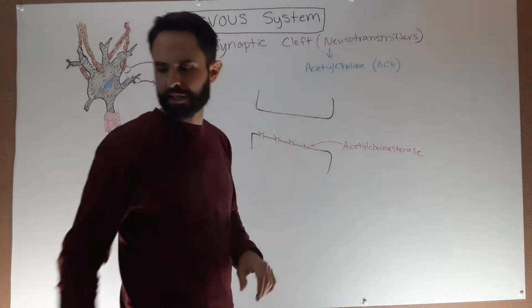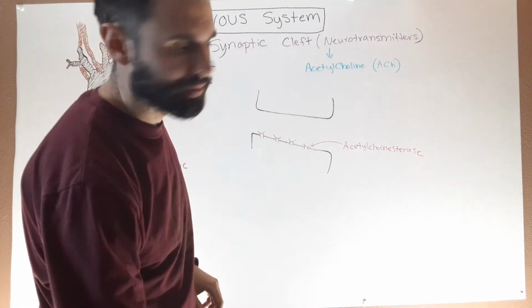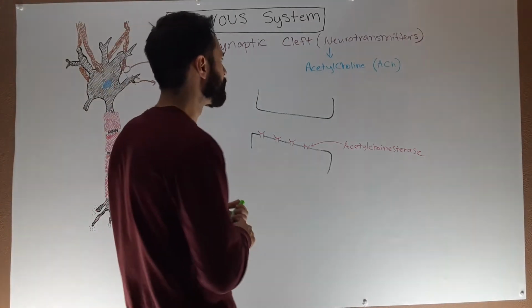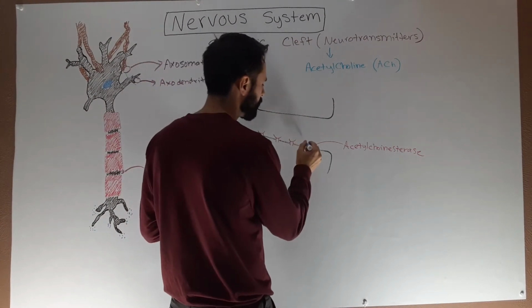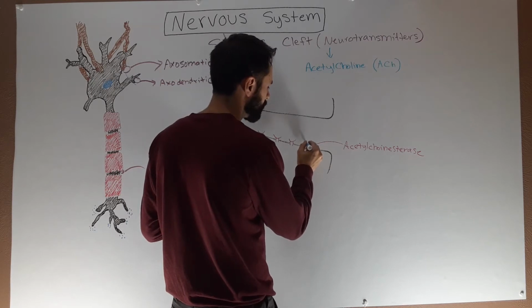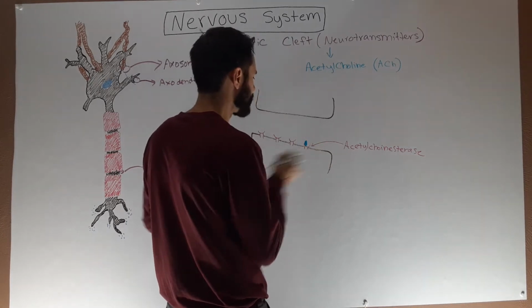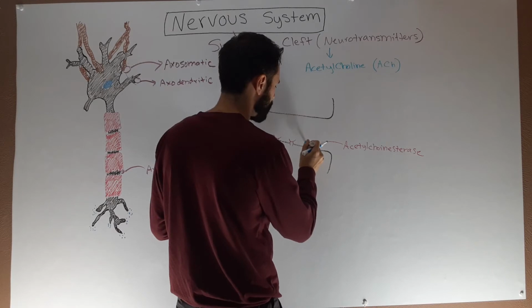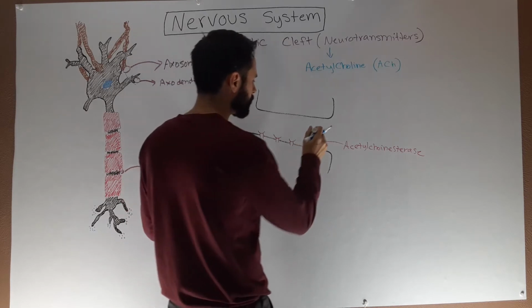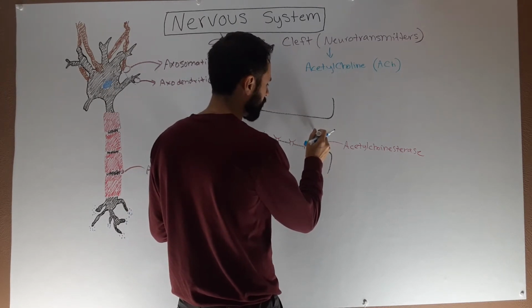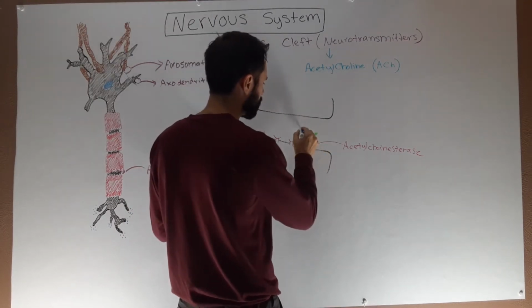And in this case, when we're working with acetylcholine, remember how I said acetylcholine is actually made of acetate and choline? Okay, so let's imagine you got acetate, and then the other half of the structure is choline here. This acetylcholinesterase is going to break that apart, okay?